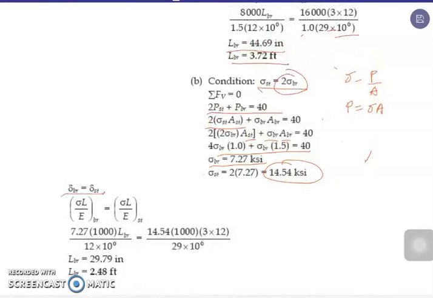So therefore, we can get the value for our length of the bronze using the deformation equation. From the deformation equation, PL all over AE, that can be equivalent to the stress times L all over E for the bronze and the stress times L all over E for the steel.